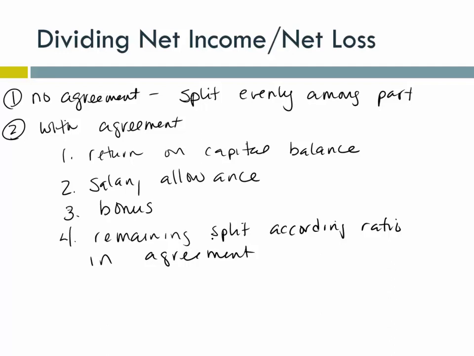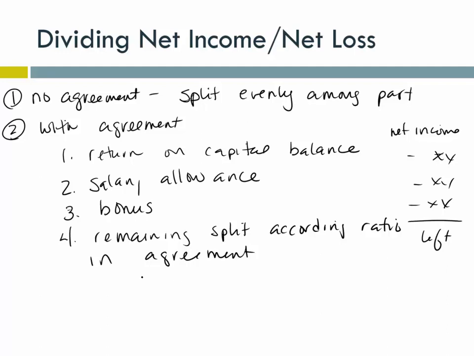And so then you say, all right, here was their net income, minus whatever I gave out here, minus whatever I gave out here. So whatever's left is this one. Sorry, that's hard to read. Net income, whatever's left will be split according to the ratio. So it might say I'm just going to split this evenly.